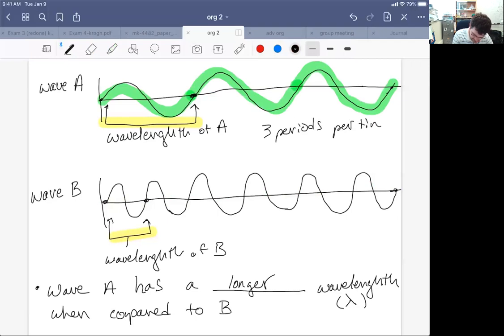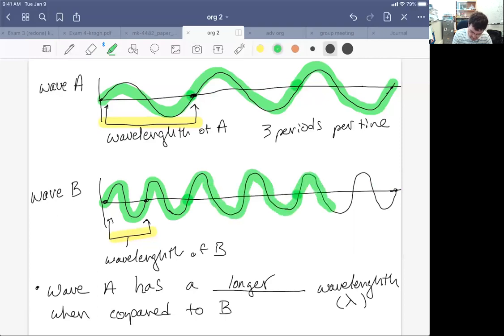Because the timing is consistent, even though we don't know the actual duration, we can compare that with wave B: 1 period, 2, 3, 4, 5, 6 periods.